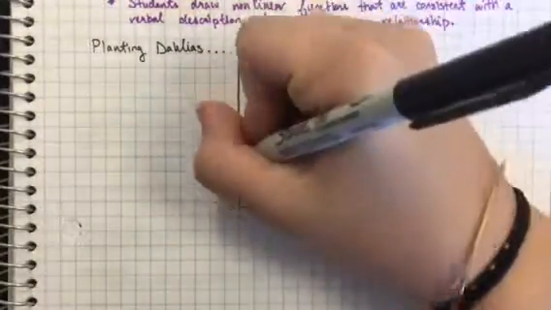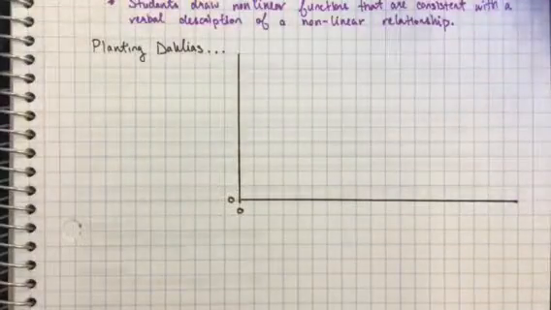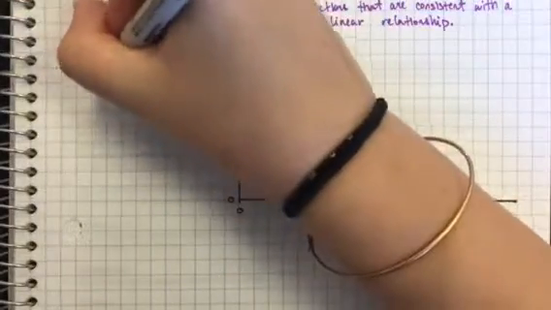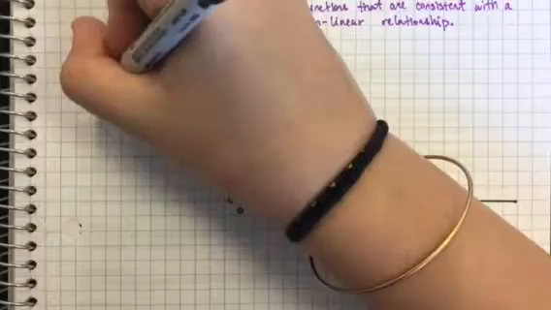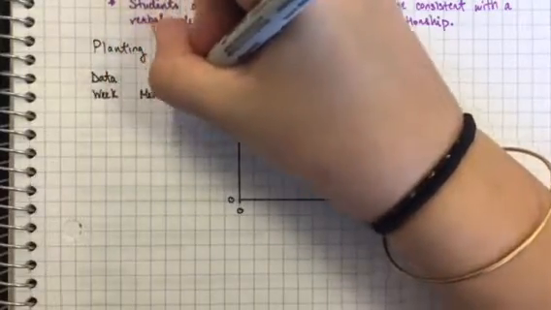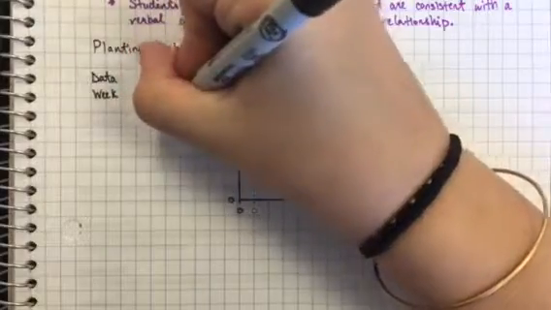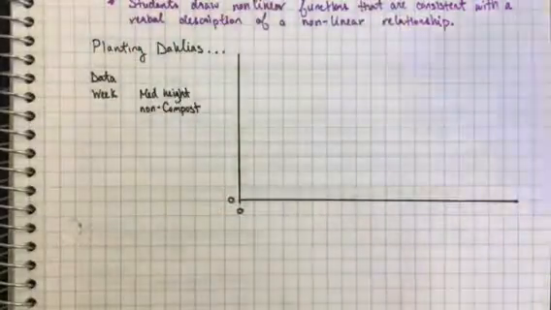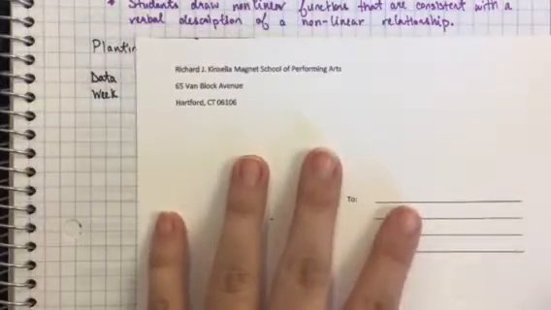So I'm just going to set up my graph. I'm going to do my data table. So make sure you're filling this in. I'm looking at the week compared to the median height of non-composted flowers.